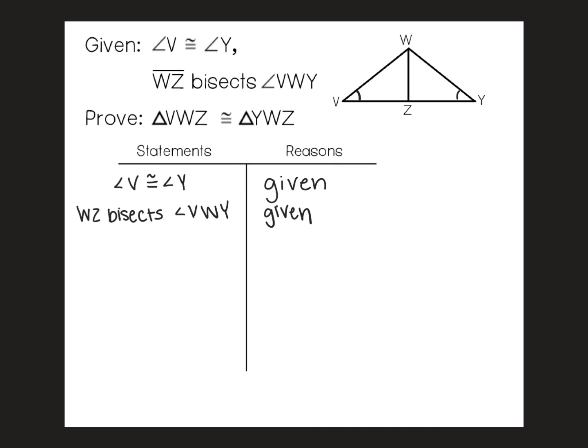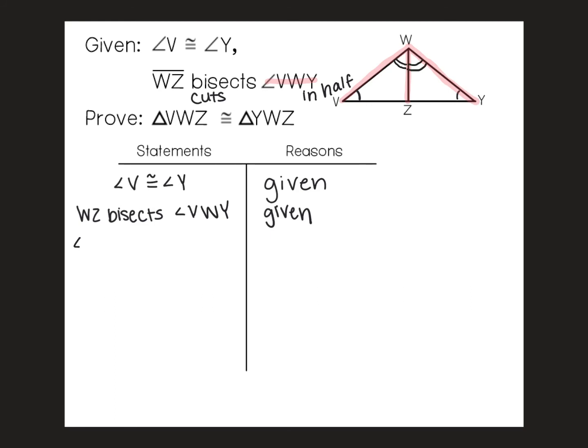So remember, bisect means cuts in half or into 2 equal parts. So in other words, WZ cuts angle VWY in half. So this angle is getting cut in half. So here's angle VWY. And then WZ cuts it in half. If you highlight all of that, you can see how up here we're creating these 2 smaller angles that are congruent to each other.